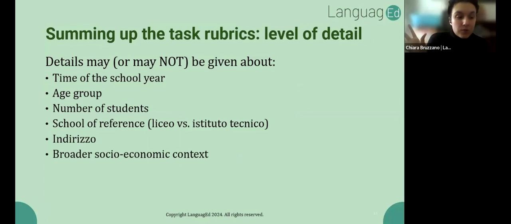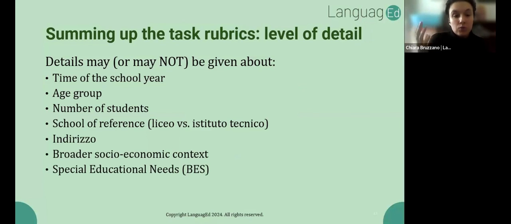You might get references to the broader socioeconomic context and also to specific special educational needs, which we call BES in Italian. You might or might not get the separate level of the class or of specific students.